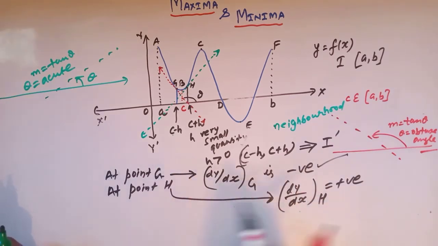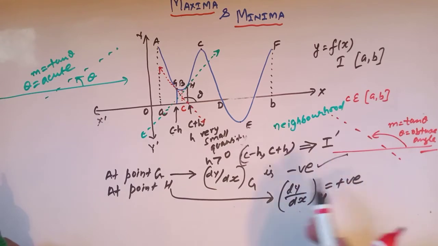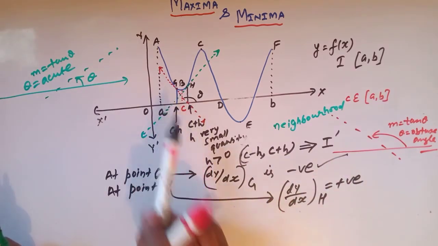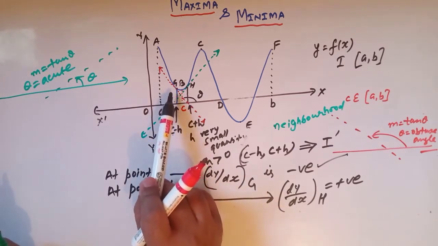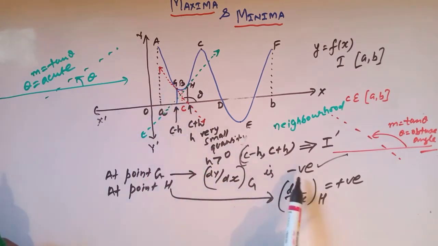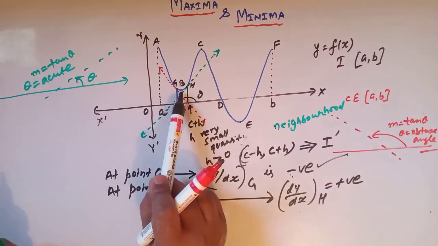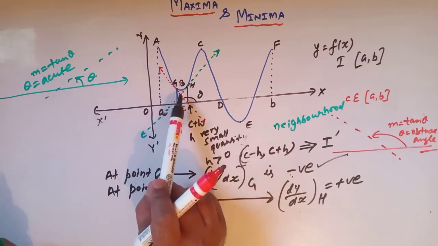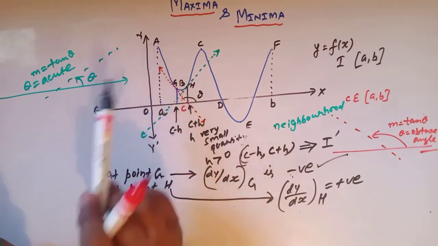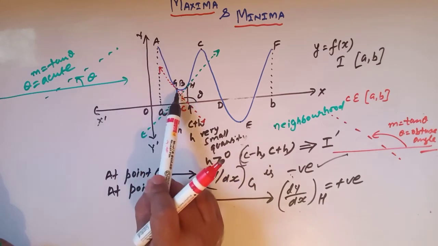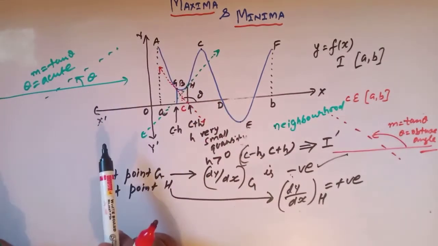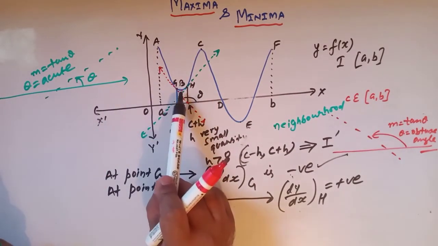So here's what we have concluded from this discussion. We concluded that when the sign of the derivative changes from negative to positive, and B is the turning point, and here the graph first decreases from A to B and then increases from B to C, clear, and B is the turning point.